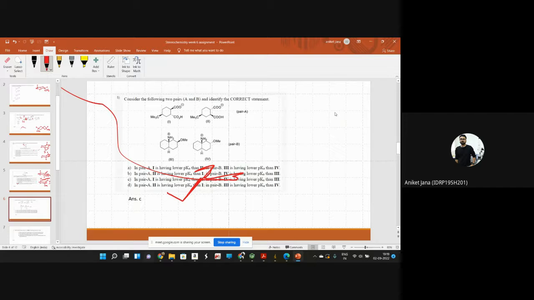Okay, so now there are two sets of compounds given, and we have to predict which has the lowest pK value. So do you know what is the correlation between the pK and the acidity? What do we know? The more acidic the compound, does it have less pK value or more pK value?